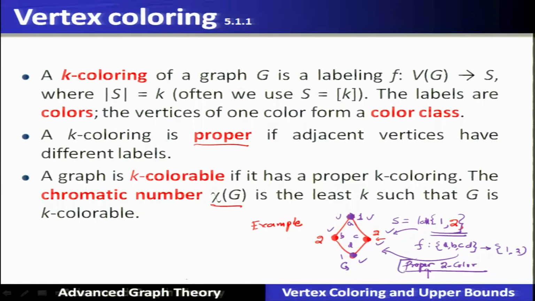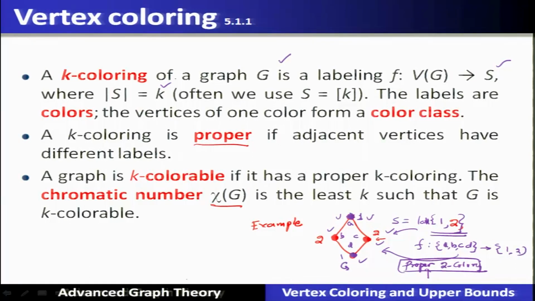So, we have obtained a proper two coloring of this particular graph, and let us revisit the definition again. A k coloring of a graph G is a labeling, which is nothing but a function from the vertices of G to some set of k different labels. These labels are called colors because their values are immaterial, and which set they belong to does not have any significance.